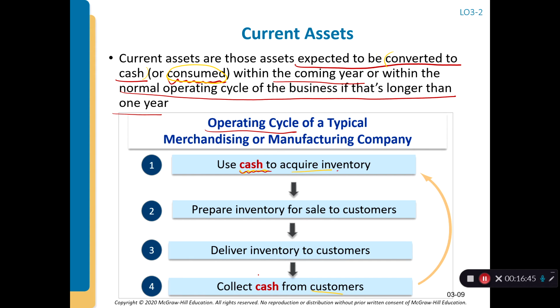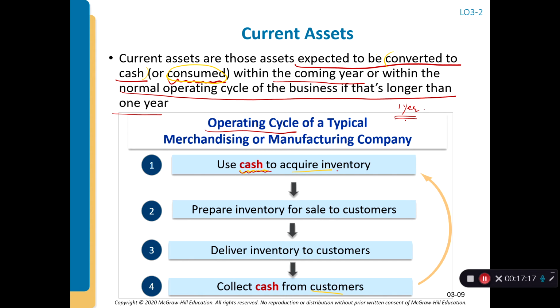How long does it take to convert the outlay of cash to the receipt of cash, right? In some businesses, the operating cycle is more than 1 year. In this case, the current asset classification is not confined to only 1 year as a threshold.